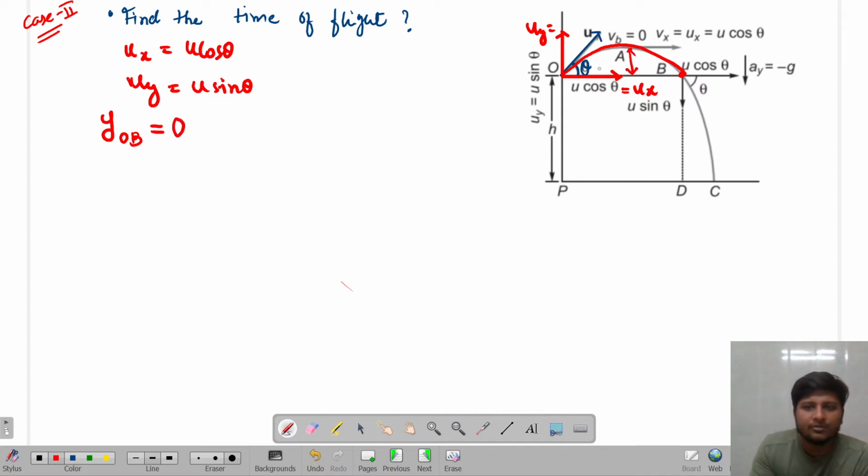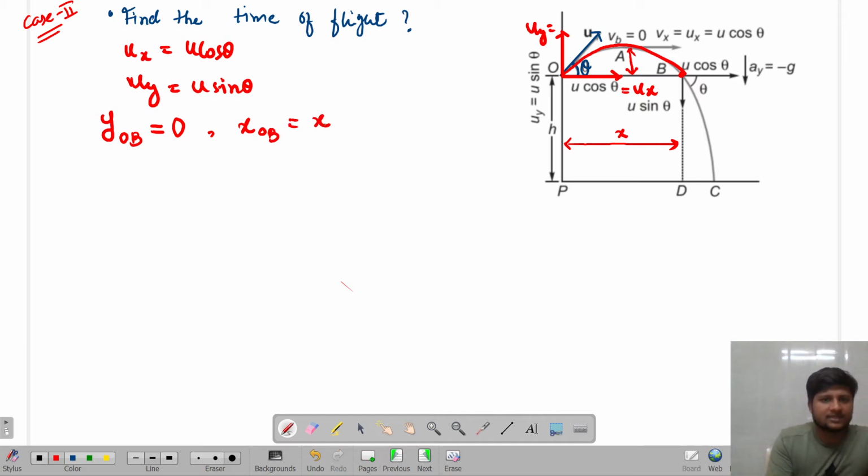It is equal to 0, because the particle starts from the reference level O and again comes to the reference level. Got it? So first thing, displacement along OB is 0. Now the displacement from O to B along the horizontal path, I call this x. So the displacement along O to B along the horizontal path is just equal to x.